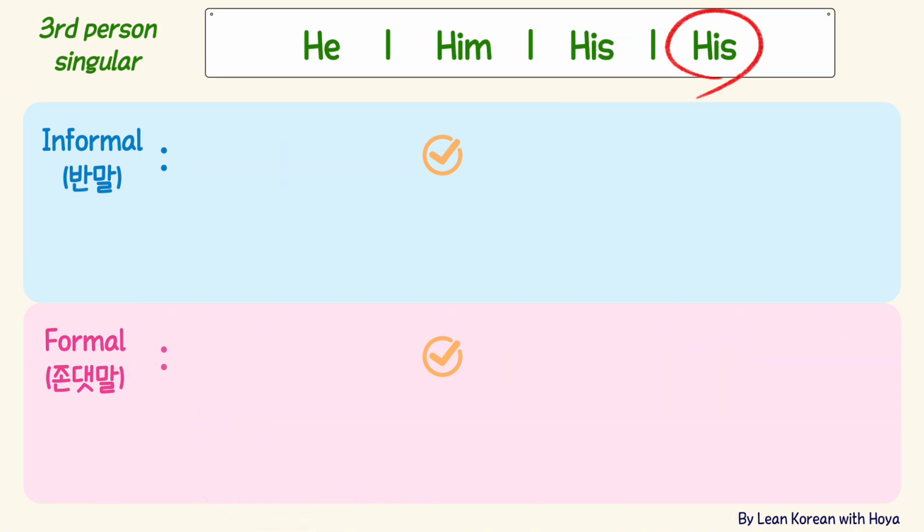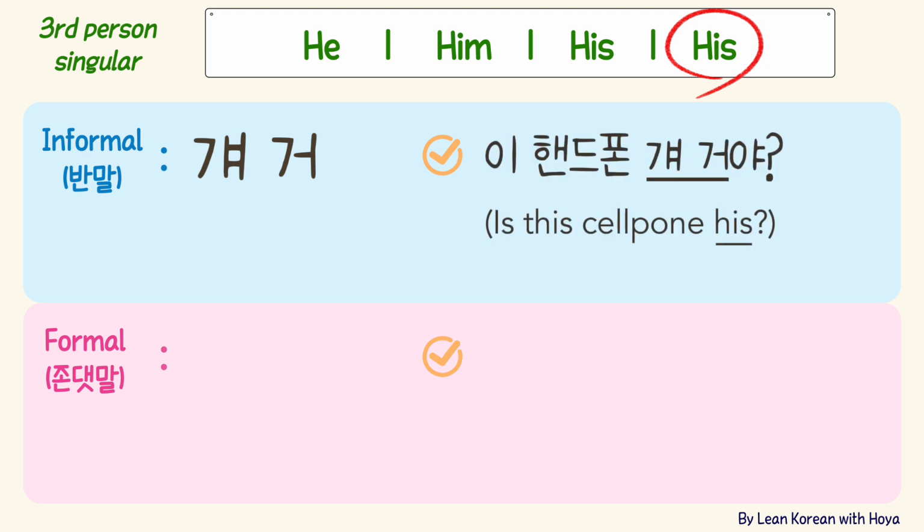The next one is his. The informal version is 걔거. Is this cell phone his? 이 핸드폰 걔 거야?